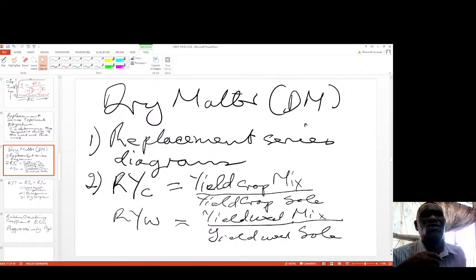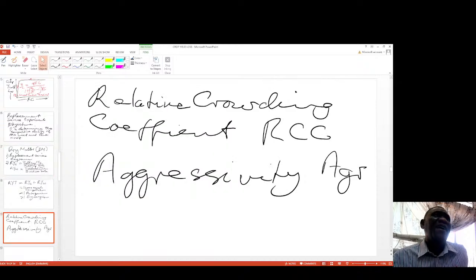We are also going to calculate the relative yield of the crop as indicated, also the relative yield of the wheat as indicated. And later on we'll also calculate the RCC, the relative crowding coefficient, and see what it means in terms of competitive ability. This same applies to this parameter aggressivity, AGR, what it will mean in terms of competitive ability of either the weed or the crop.